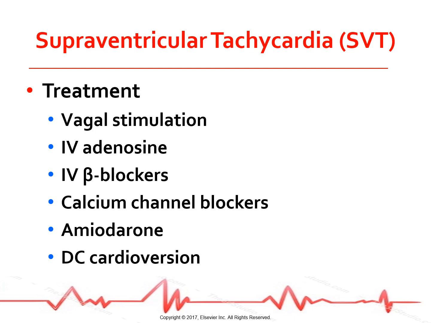If vagal stimulation doesn't work, there is medication we can give called adenosine. Adenosine is a special medication that will actually stop the heart, holy shnikes, and it will allow time for the SA node to take back over as the pacemaker of the heart.